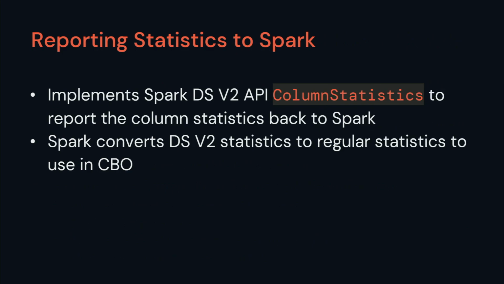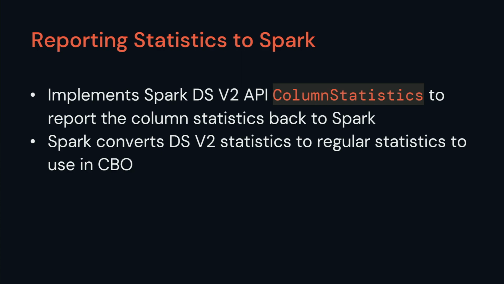Now we have collected all the information, all the statistics we want. And the next step, we need to report these statistics back to Spark, and Spark can use this. So in order to report the column statistics back to Spark, we made Iceberg implement this column statistics API, and then this information will be reported back to Spark.